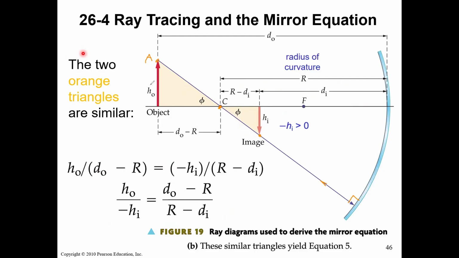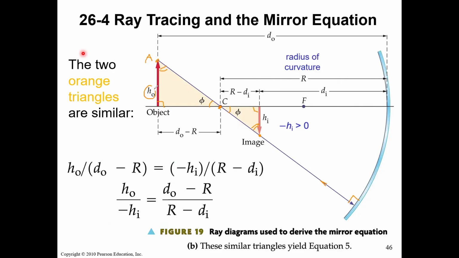And we can again see that those two angles phi are the same, and then there are two right angles, and then the third angles are of course the same. Okay, so those two orange triangles have the same angles, and again we can set up the ratio equations.